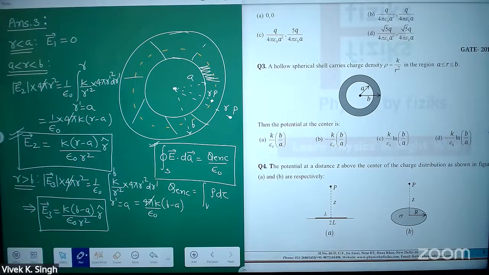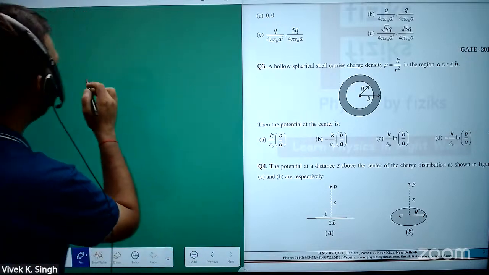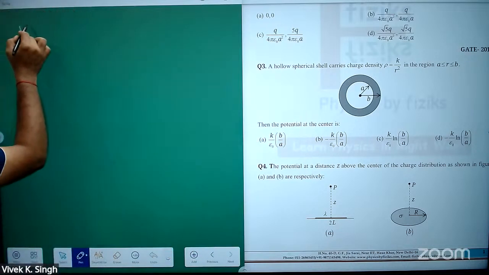So note it down. Now see, what will be the potential at the center? Electric field we have already calculated.